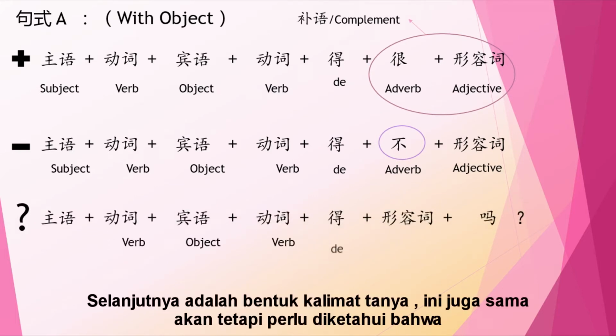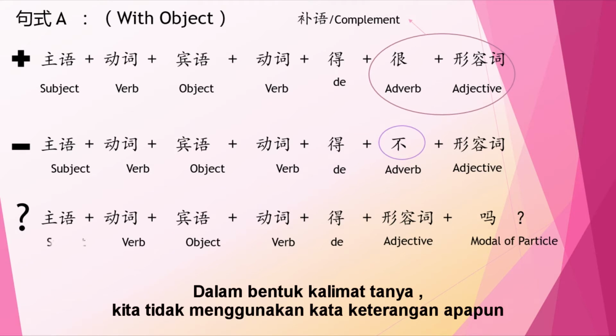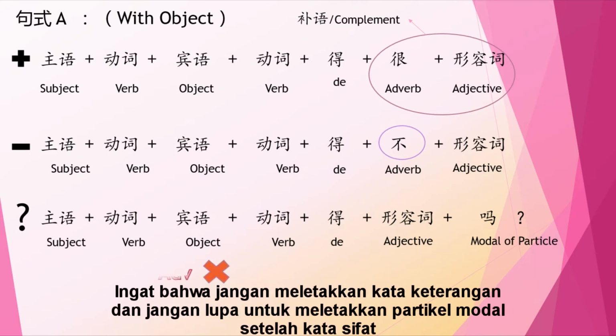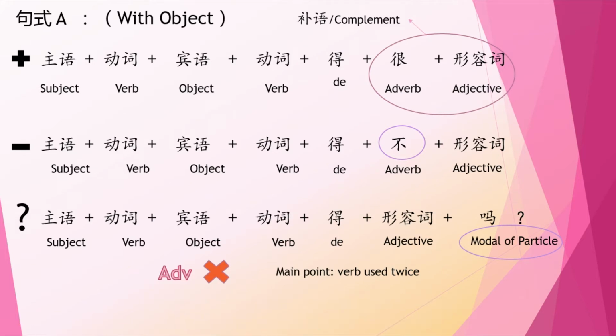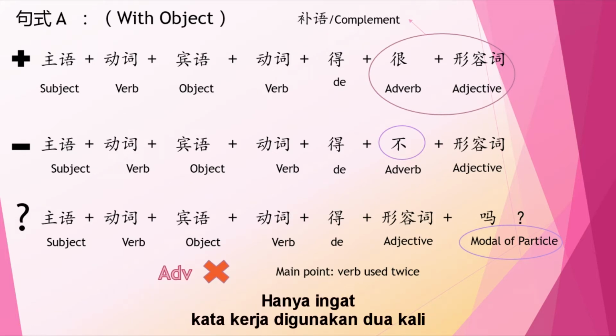But here you must remember that in interrogative form, we may not use any adverb. And then don't forget to put a modal particle after an adjective. And then the main point is that in the pattern of modal complement which is combined with verb and object, the verb must be used twice. Just remember the verb is used twice.